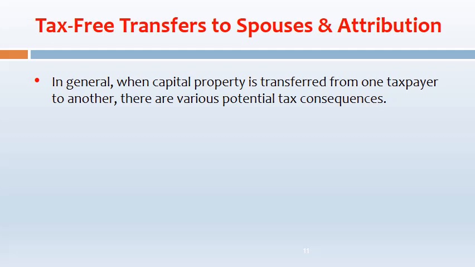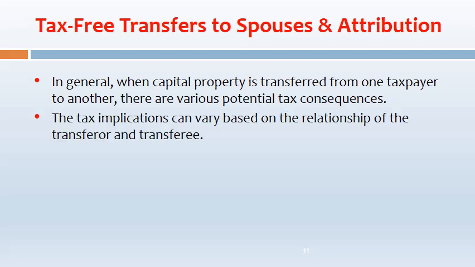So in general, when capital property is transferred from one taxpayer to another taxpayer, there are some tax consequences for that. Not always. We talked about some gifting, and that's a possibility. But I talked about the gift to the recipient. Usually the transferor incurs some kind of tax consequences. Now, the tax consequences are definitely going to vary based on the relationship of the transferor and the transferee.